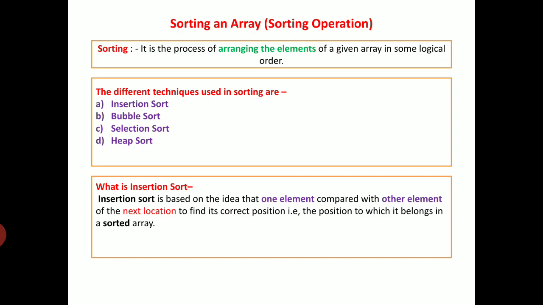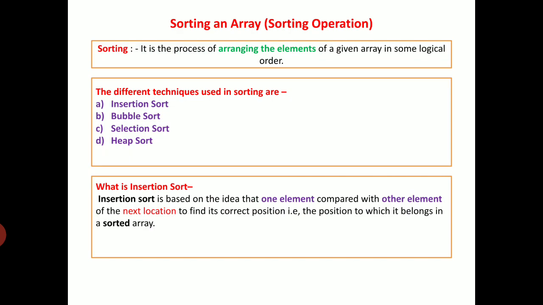Okay, we will see it once again. What is sorting? Sorting is the process of arranging the elements of a given array in some logical order. Then what are the different techniques used in sorting? They are insertion sort, bubble sort, selection sort and heap sort.